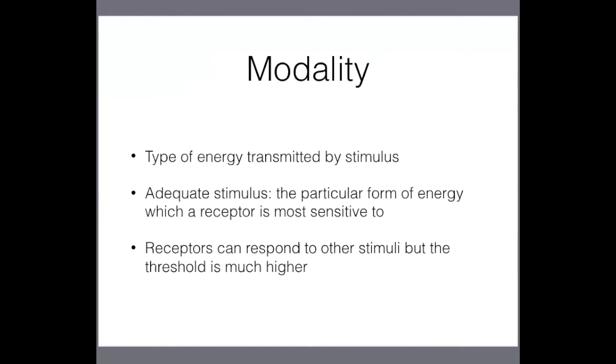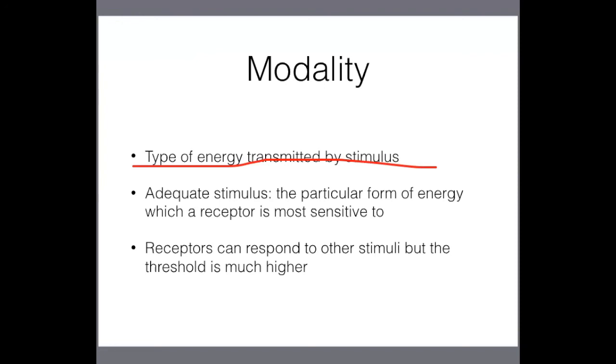So the modality depends on the type of energy transmitted by the stimulus, and the idea is that a type of receptor tells us the type of energy, right? But we have something specific called adequate stimulus. The idea of an adequate stimulus is that each receptor is most sensitive to a specific type of energy. For example, a touch receptor is more specific to mechanical energy.